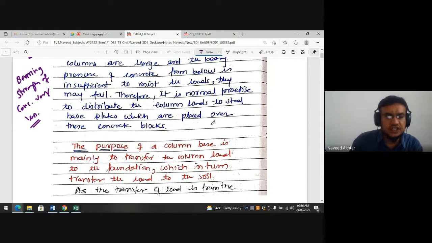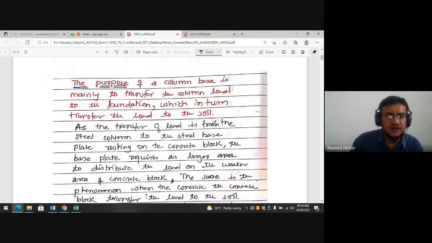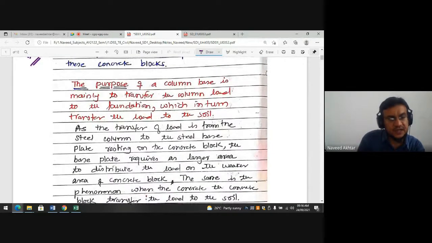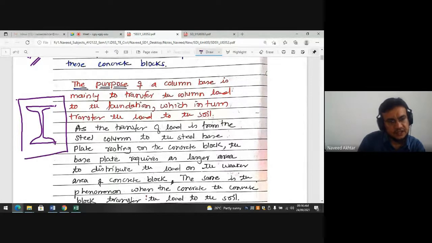So to increase the bearing area, what we are doing, we are providing a base plate below the column. So this is our I section. If this is your I section, this is your column, I will say. So we are providing the steel base plate below the I section, so the load can be transferred to the large area.